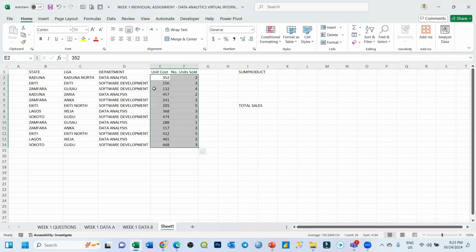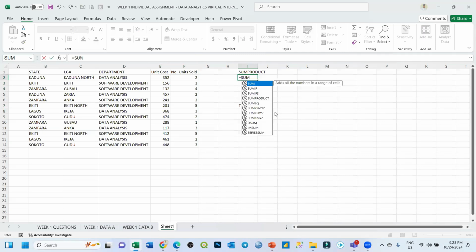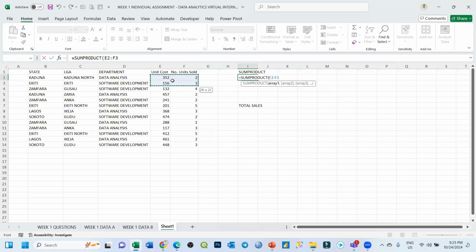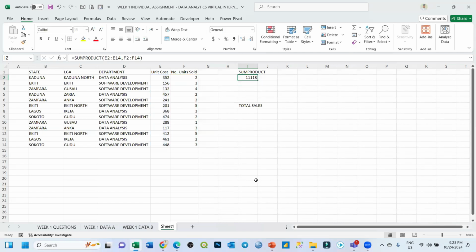It is going to multiply this and this, this and this, this and this. It will multiply everything for you and sum them together to give you the total value. So we say equals SUMPRODUCT, open bracket, then highlight. This is the first range, comma, and this is the second range. Then you close your bracket, press enter, and it will give you this total.